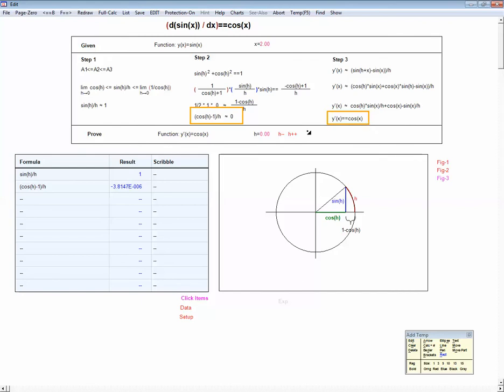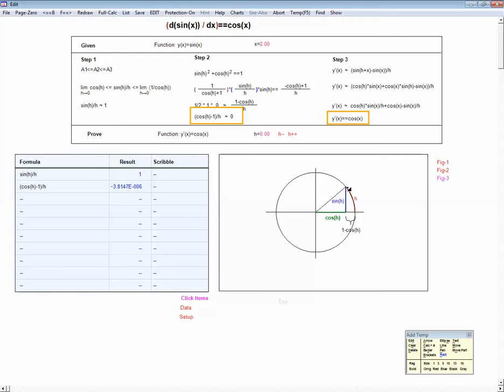Let's look at the ingredients of those limits in this picture, just so you get comfortable with them. Remember what h is. H is an angle measurement, and we're thinking in radians. If this is the unit circle, then we would picture h as this red arc starting down here at the x-axis and going up here. That's h. And then the sine of h is the blue line.